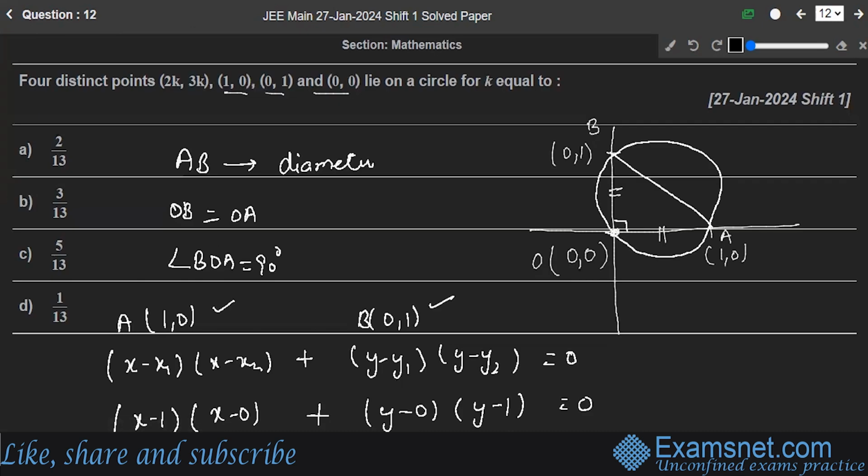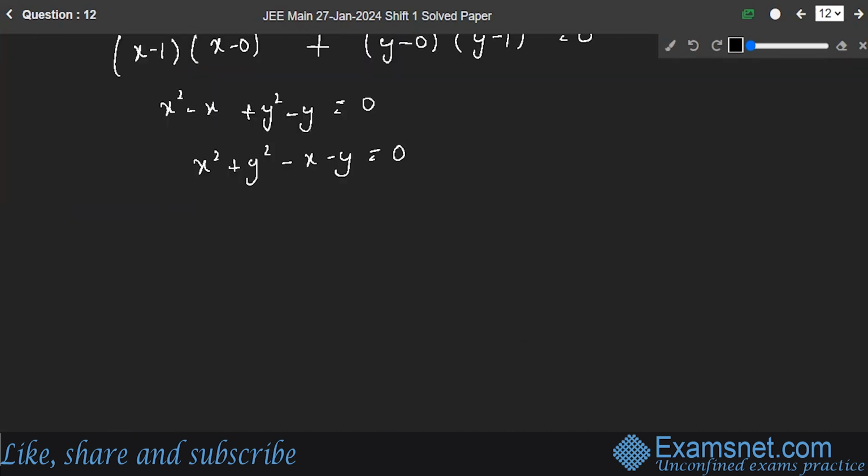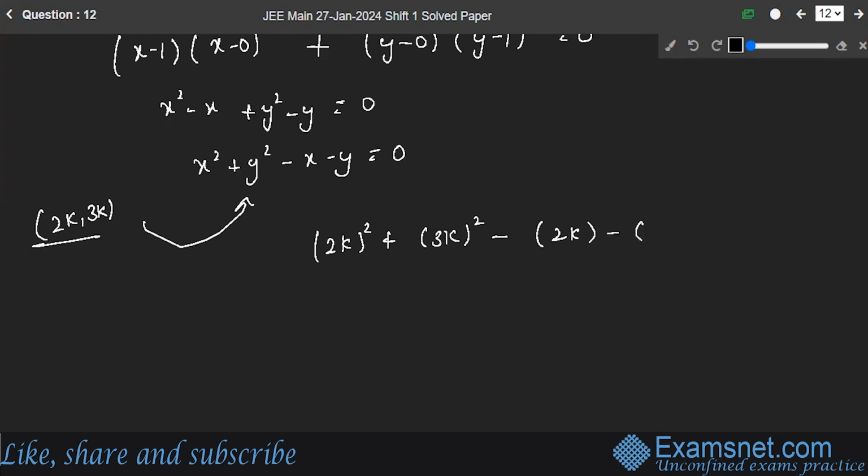Now, the third point, 2k, 3k, also lies on this circle. For the point 2k, 3k lying on the given circle, you will have 2k squared plus 3k squared minus 2k minus 3k is equal to 0. 4k squared plus 9k squared minus 5k is equal to 0. 13k squared minus 5k is equal to 0.